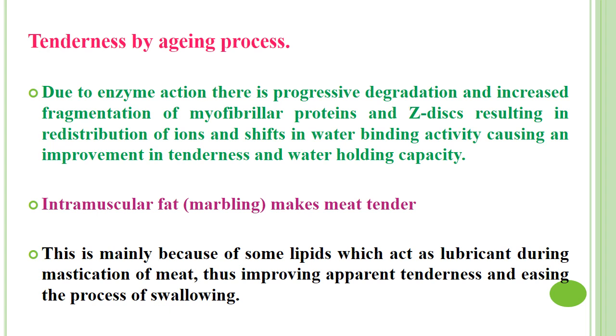Now we will discuss tenderness by the aging process. We know that after rigor mortis, or after slaughter, the animal will be held for more time for aging, that is after the rigor mortis. During this period, due to enzyme action, there will be progressive degradation and increased fragmentation of myofibrillar proteins and Z discs, resulting in redistribution of ions and shifts in water binding activity, causing an improvement in tenderness and water holding capacity.